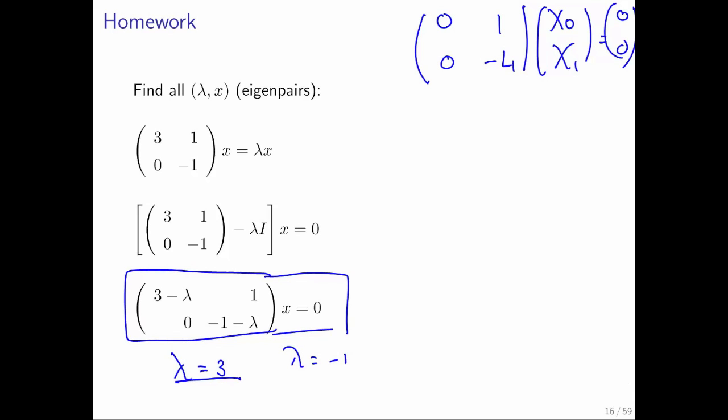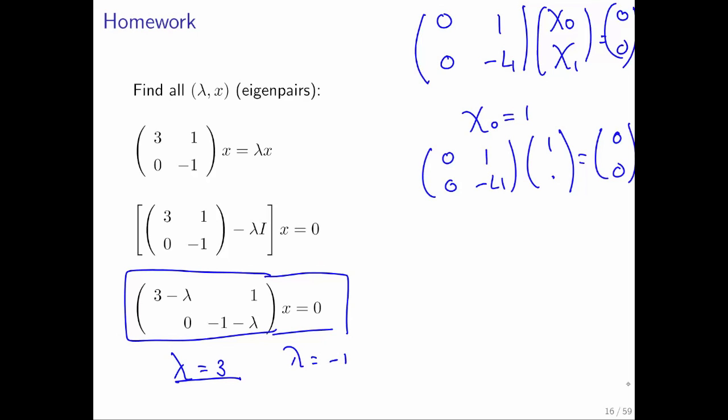Okay, and we could of course go and make this into row echelon form, or what we can do is say, well, let's pick chi0 to be 1, and notice that if you then plug that in, and you ask the question, for what value do we satisfy this right here, it is not hard to see that there must be a 0 right here.